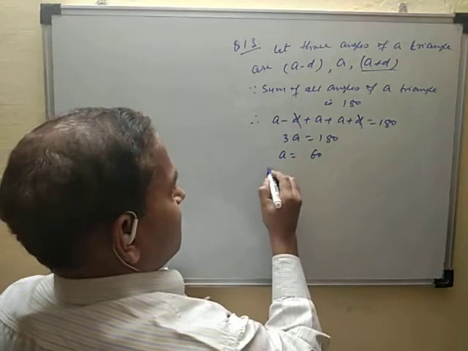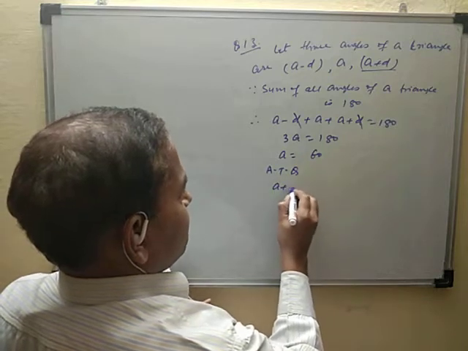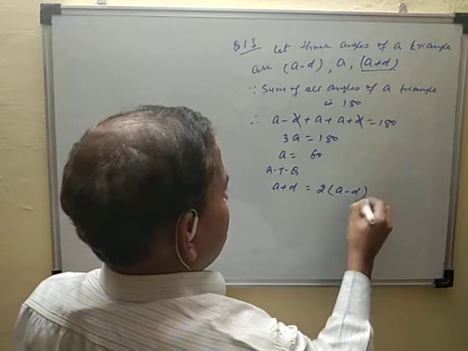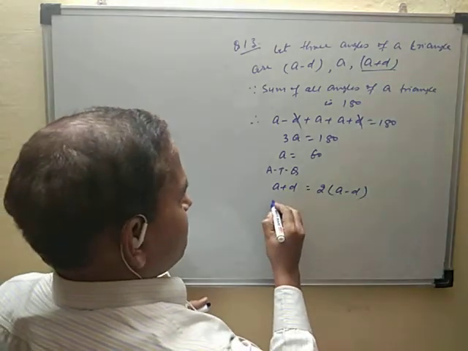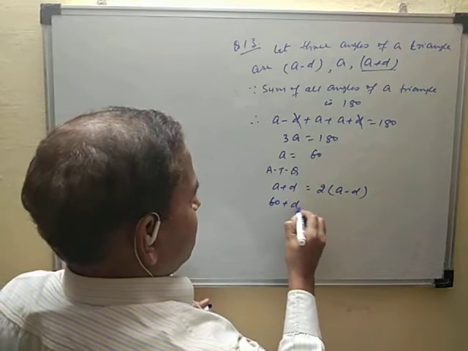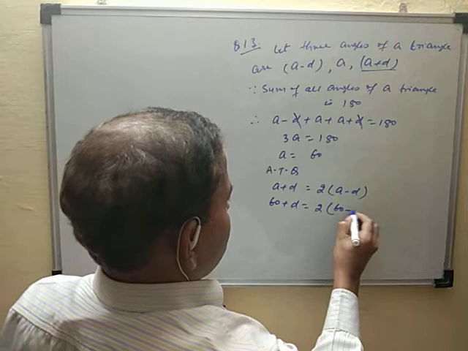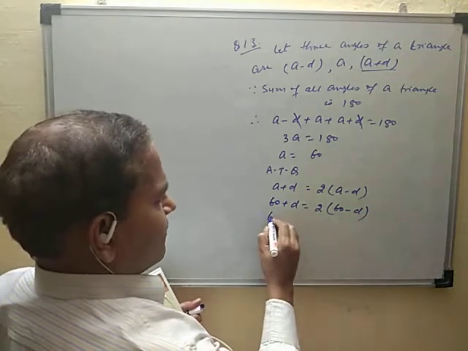A minus D. So according to the question, the greatest angle, that is A plus D, is twice the least angle, A minus D. Put the value of A: 60 plus D is equal to 2 into (60 minus D), bracket open, and find D.